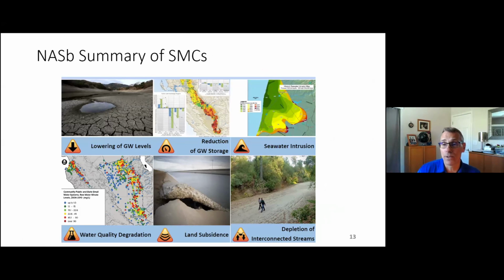So let me wrap this up in terms of what we see as being some of the major issues around the sustainable management criteria. Obviously, on subsidence, I'm very comfortable saying it is not and will not be a concern for us in the future. Very comfortable saying seawater intrusion is not and will not be. The remaining, we still have a lot of technical work to do.